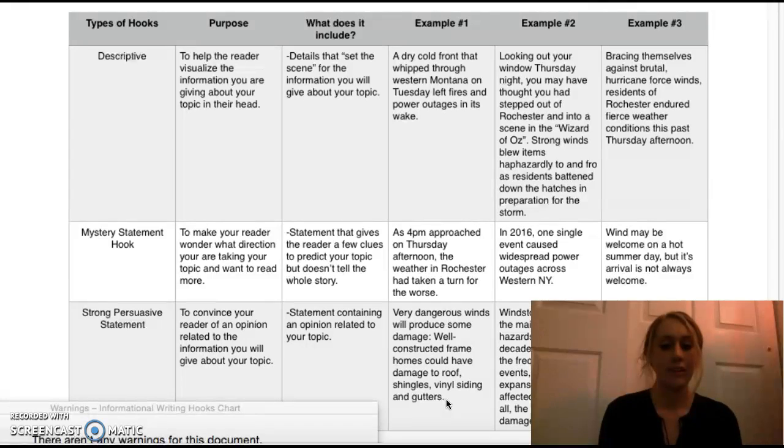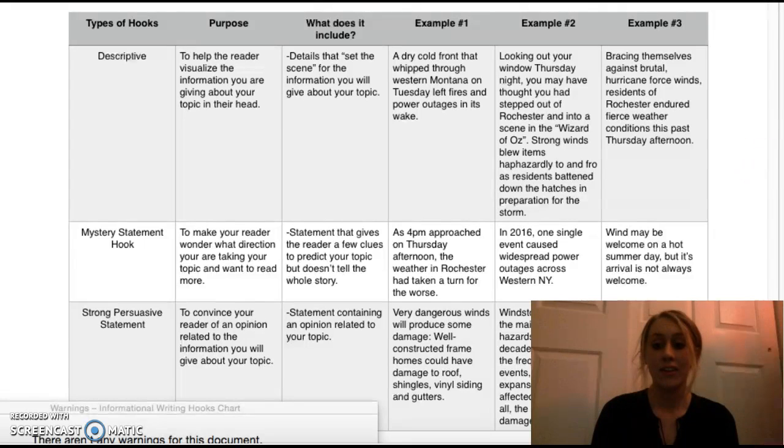So that's persuading me as the reader, if I'm reading an informational piece on how to survive a windstorm, that, well, a windstorm could create very dangerous conditions, so I should read up on all the information that I may need to know to prepare for it the best I can.